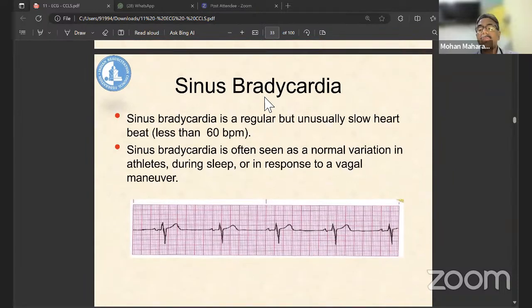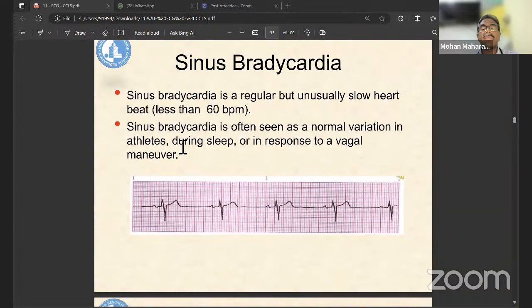Then what is sinus bradycardia? That means the rate is less. When the heart rate is less than 60 beats per minute, it is sinus bradycardia, and normally it varies.